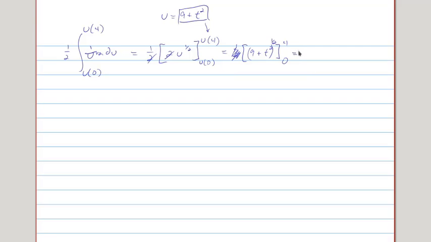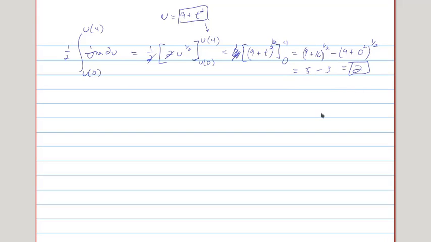And if you do that, now you'll see plugging in here, we've got 9 plus 4 squared to the 1/2 minus 9 plus 0 squared to the 1/2, and again you're going to get 5 minus 3, which is 2.